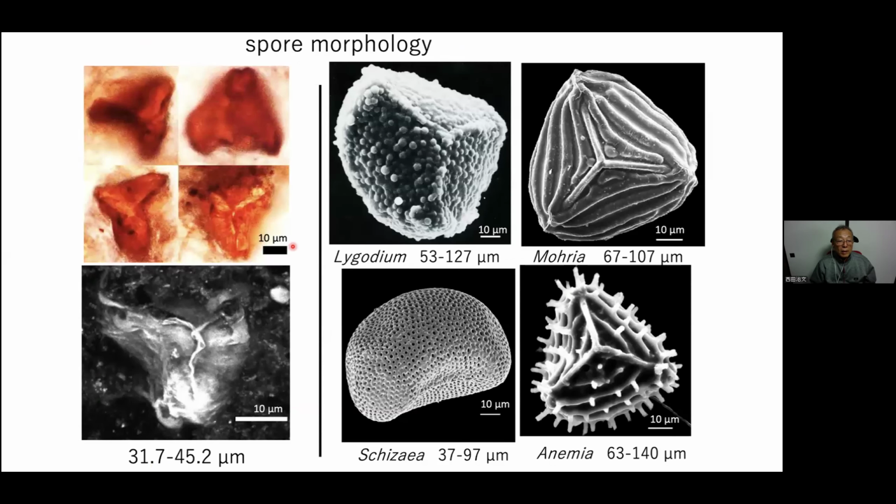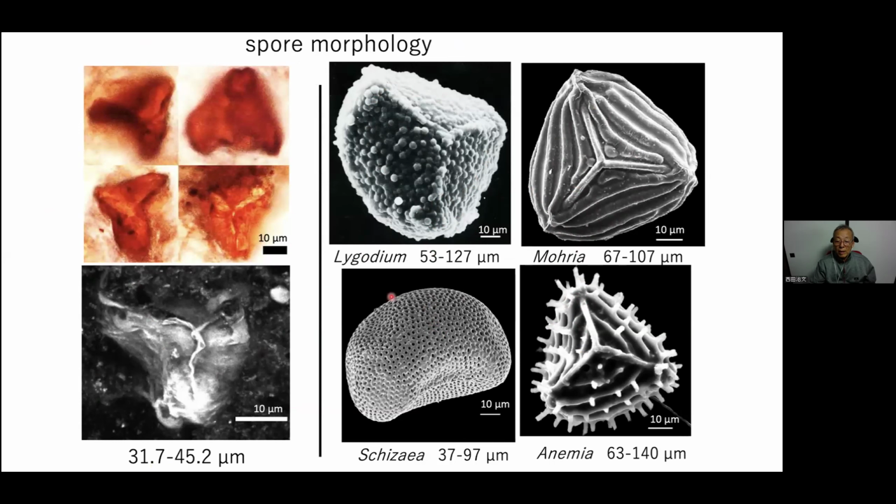These are the spore morphologies, and these are the examples of living Schizaeales. The Lygodium has this kind, and Mohria and Anemia have different types of spores. And the Anemia spores are quite similar to the Schizaeopteris spores.